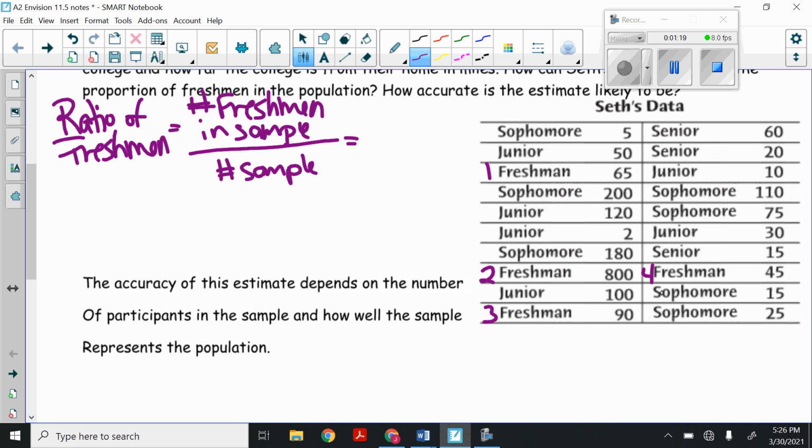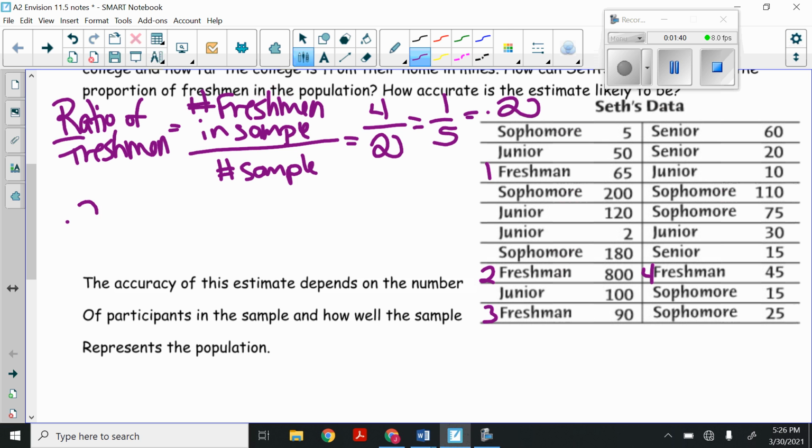So there are 4 freshmen. So 4 out of how many total? We have 1, 2, 3, 4, 5, 6, 7, 8, 9, 10 times 2, 20. So 4 out of 20, or 1 out of 5, which is 0.20. So there's our proportion, 1 out of 5, or 0.20.